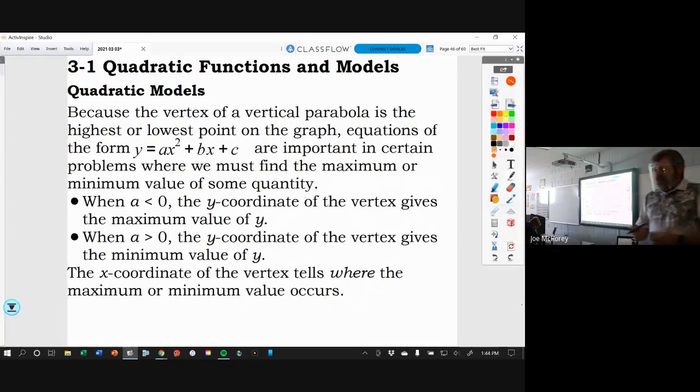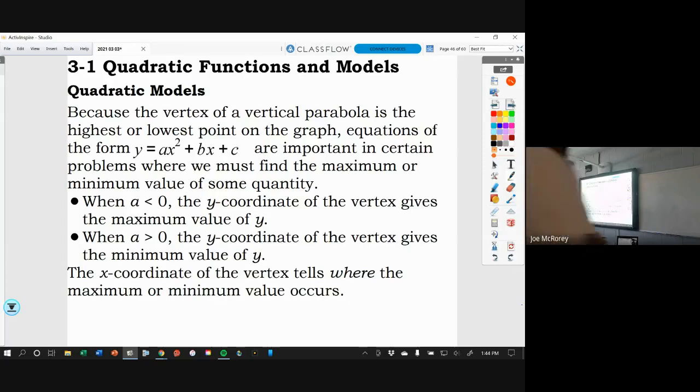When you see the word models, that introduces the fact that we're going to be working with word problems. Because the vertex of a vertical parabola is the highest or lowest point on the graph, for parabolas in the form y equals ax squared plus bx plus c, the maximum value is going to fall on the vertex.